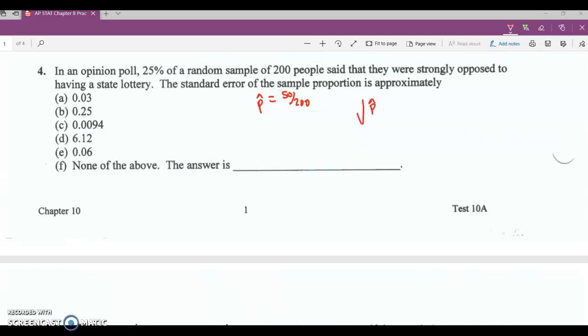It was the square root of p hat times 1 minus p hat over n, so that's 0.25 times 0.75 over 200 under the radical. I obviously need a calculator to do that. And I get 0.030619.